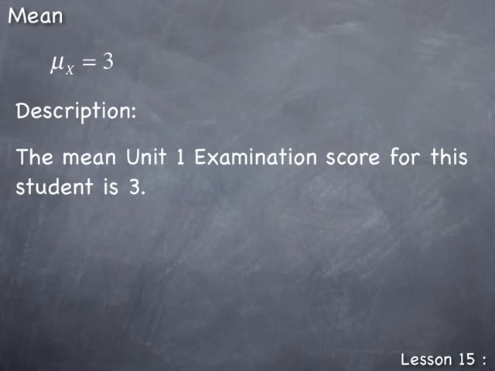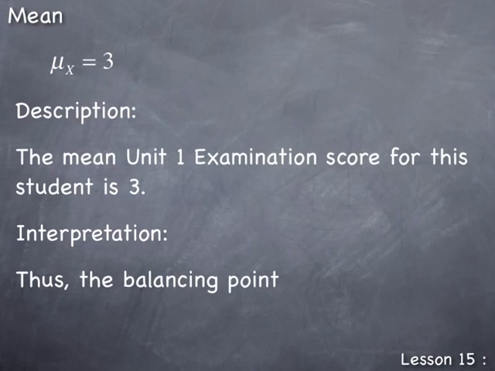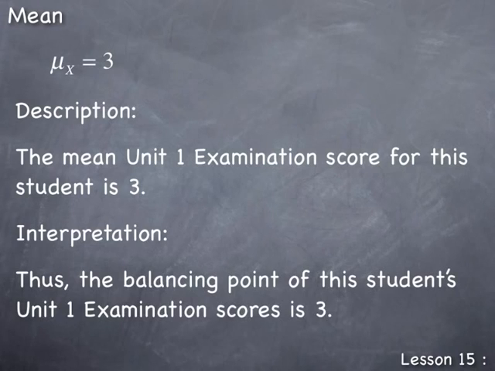An interpretation gives meaning to this result. That is, it tries to explain what this result is telling us. So since the mean is calculating the center of gravity, or the balancing point for the data, the interpretation must give this meaning. So here, the balancing point of this student's Unit 1 examination scores is 3, would be the interpretation.